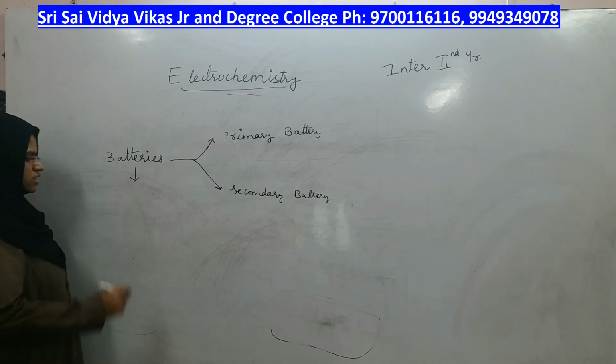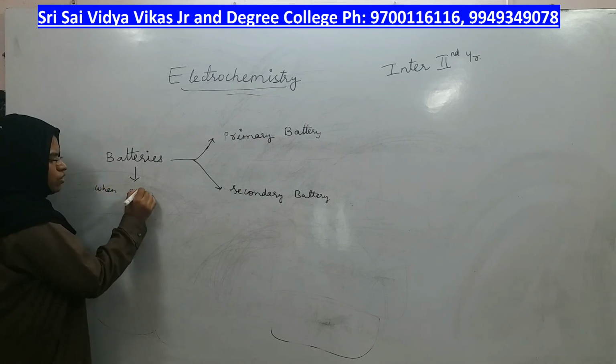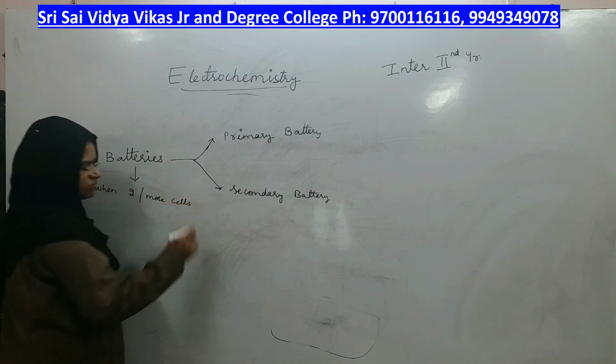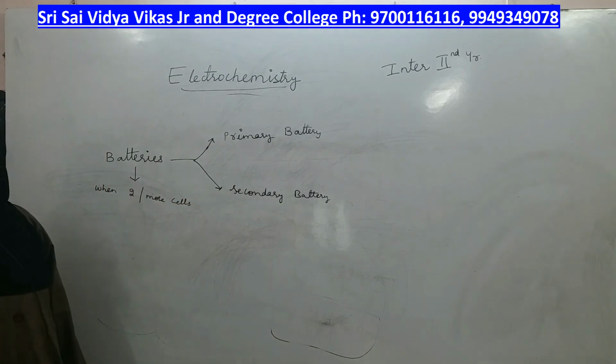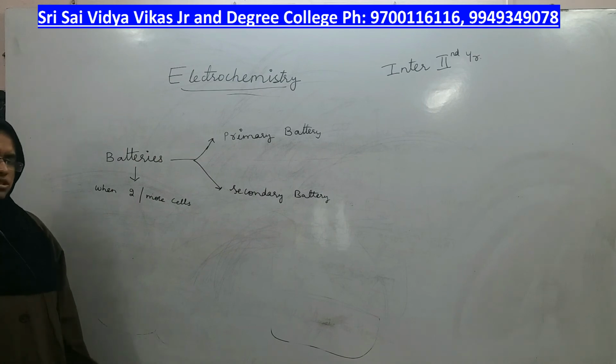Its definition is, when two or more cells... Because for our daily life usage, you cannot have 1 molar concentration of zinc, 1 molar concentration of zinc sulfate. Can you have that much concentration? No, it has to be more in quantity.